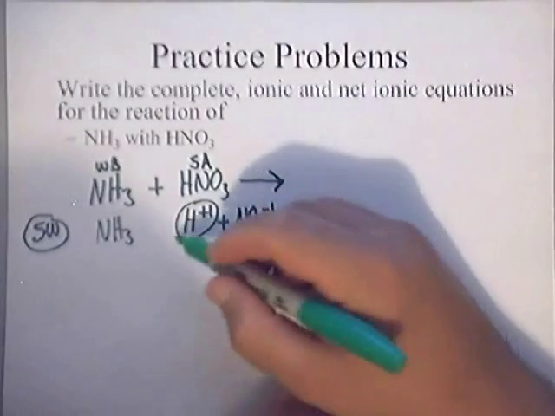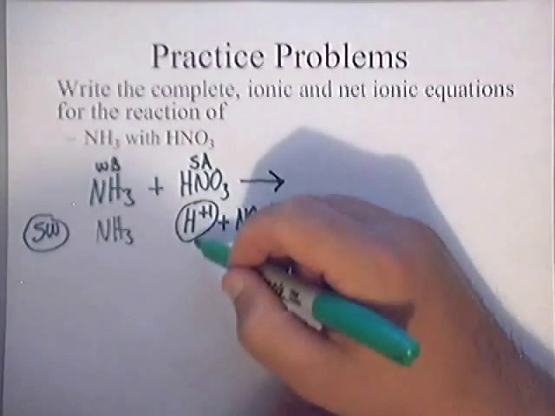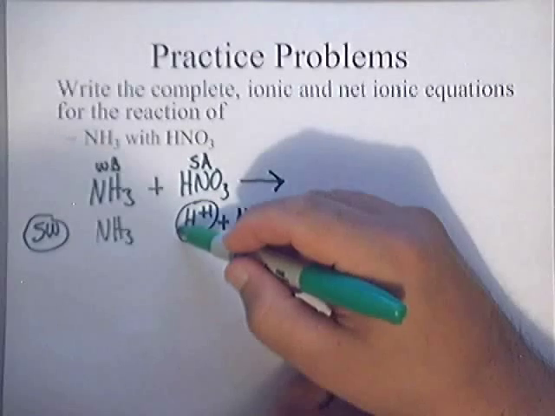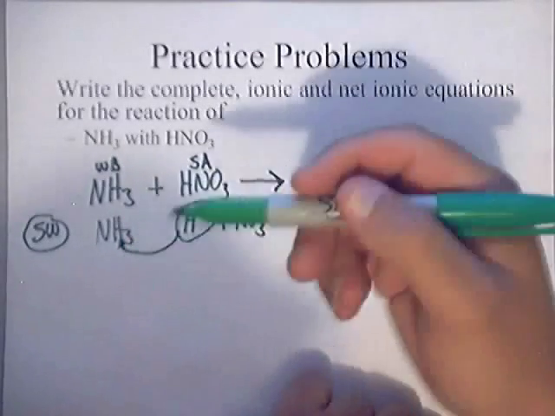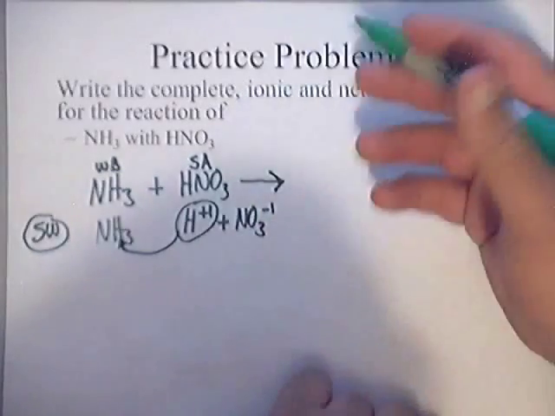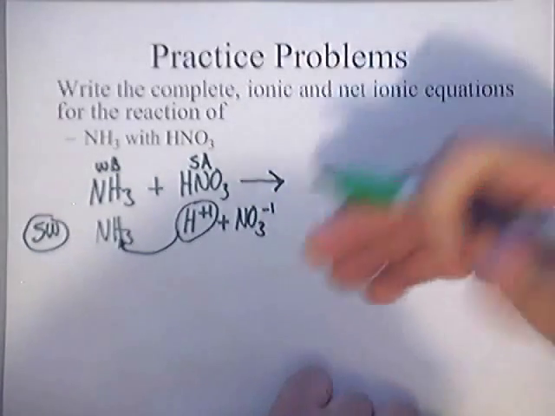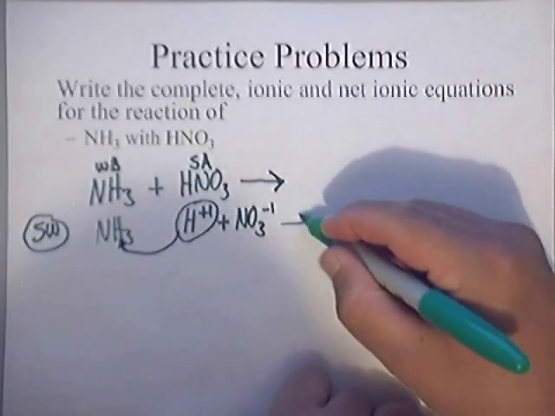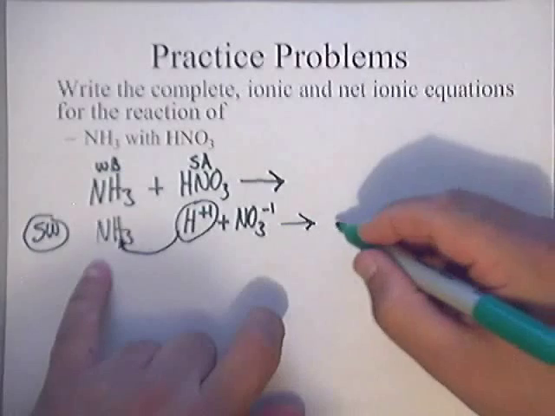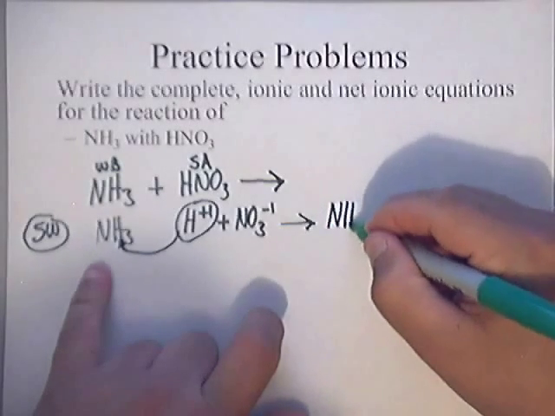So I always circle the H+1, this is my scratch work, and I show it going to the base. This always works too, as far as getting your thought process together. So basically what's going to happen is this NH3 changes itself to NH4.